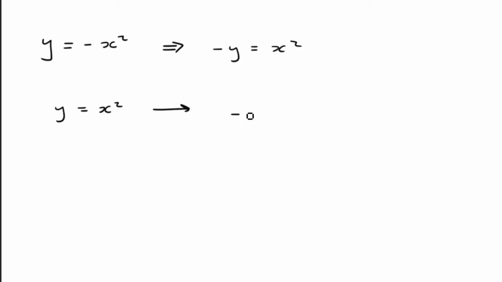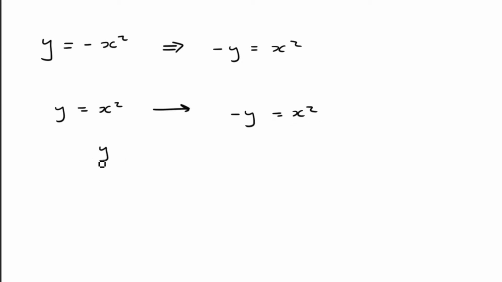What would a graph of y is negative x squared look like? Well, if we write that as negative y is x squared, then now it is easy to see how we get from a graph of y equals x squared to a graph of negative y is x squared.